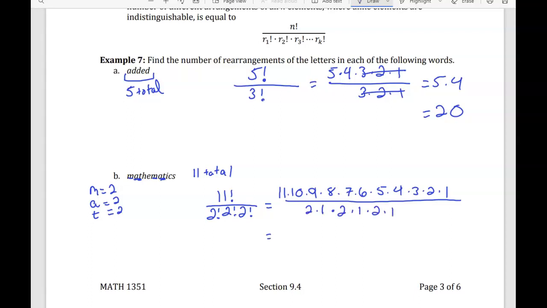When I multiply all of these out and do the division, I should get 4,989,600 different ways of arranging the letters in mathematics that are not duplicates.